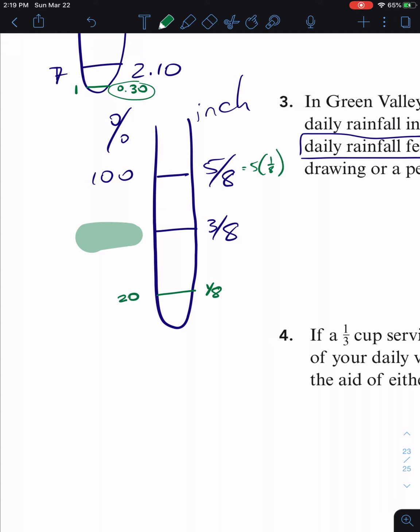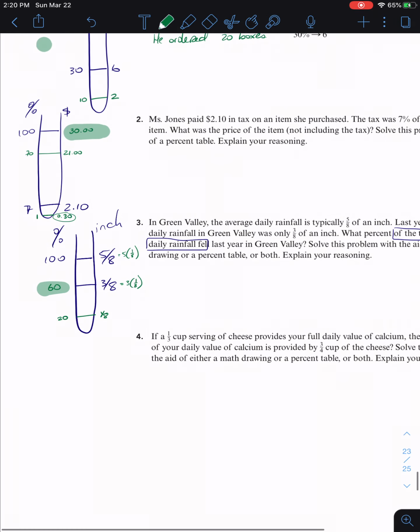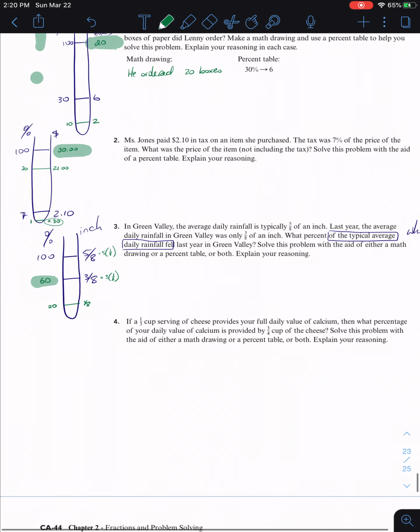So that would be 20%. It'd be a fifth. Well, if 1/8 is 20%, how many percent is 3/8? And that would be 60. So 60% of typical average daily rainfall fell last year.